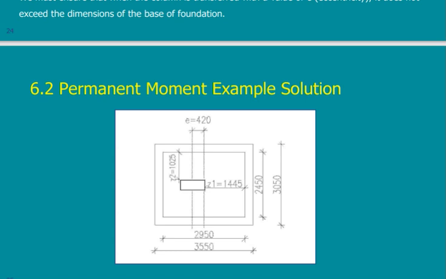So this as a summary, depending on the column's location on the footing, it may induce one moment in the X direction, suppose, or in the Y direction, or according to its location, it may induce two moments, one in the X direction, one in the Y direction at the same time.